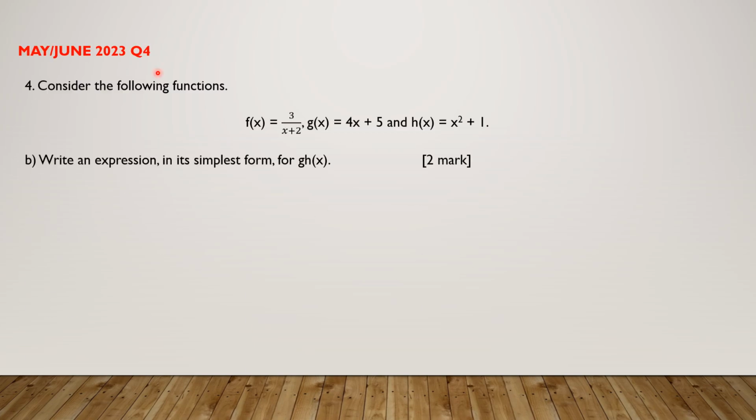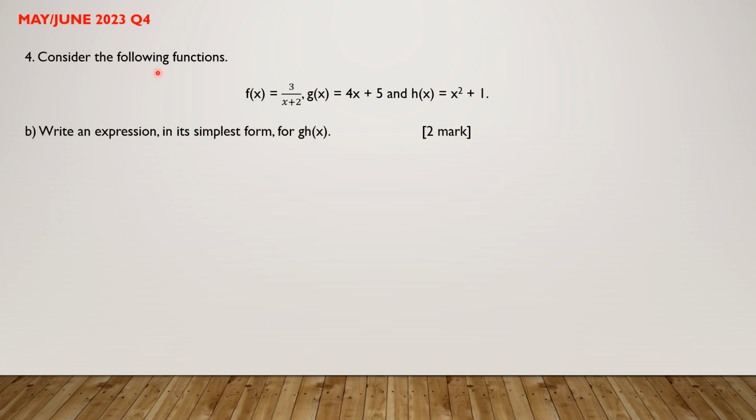Here we have: write an expression in its lowest form for g of h of x. Okay, so let's write that down. Now let's understand that g of h of x means g of h, and we know that our h is x squared plus 1.